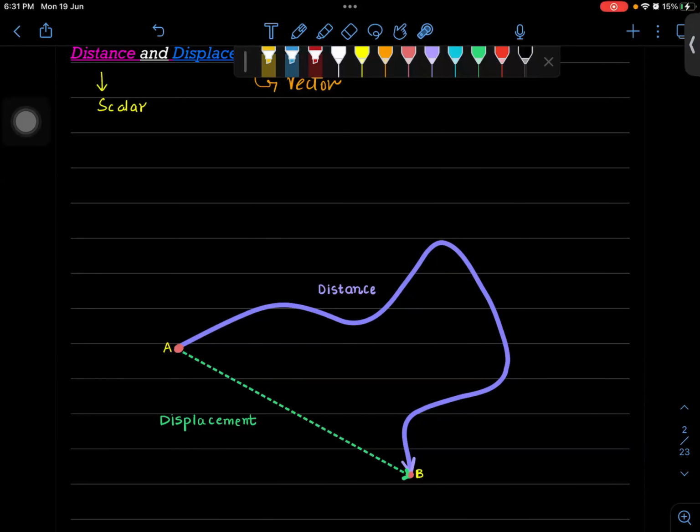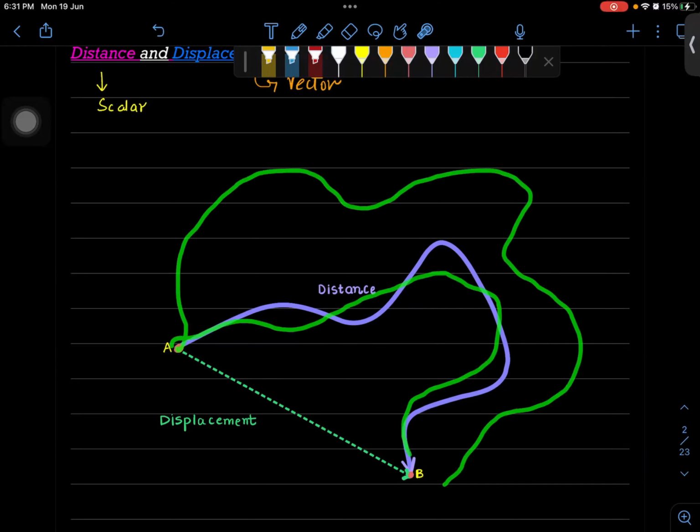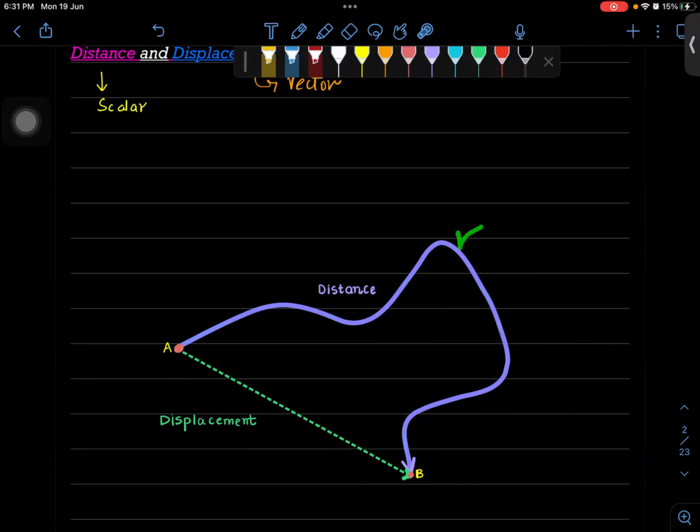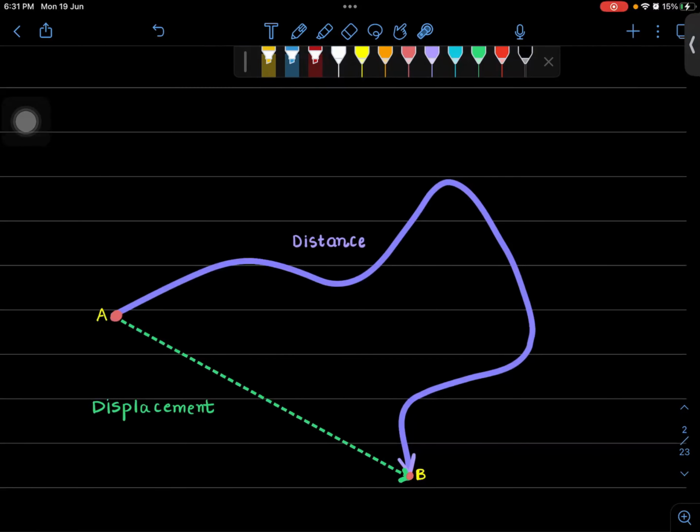Body travels from point A to point B. Now, this person can decide to go any way that they want. वो इस तरह भी जा सकते हैं, इस तरह भी, or in the purple path that's shown. तो जो total distance cover होता है ना by a moving object, that is called distance. और इसमें हम direction को regard नहीं करते. इसकी direction constantly change हो रही है, right? इसकी कोई specific direction नहीं है. We're just looking at the magnitude कि कितना उसने length cover की है. So that is called the distance.